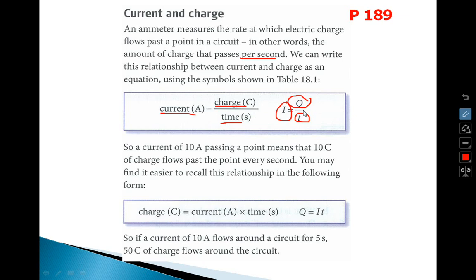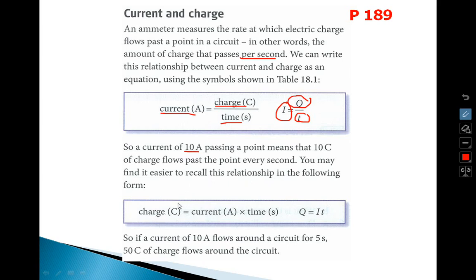So a current, for example, of 10 ampere passing a point means that 10 coulombs of charge flow past the point every second, to give 10 ampere. You will find it easier to record this relationship in the following form.